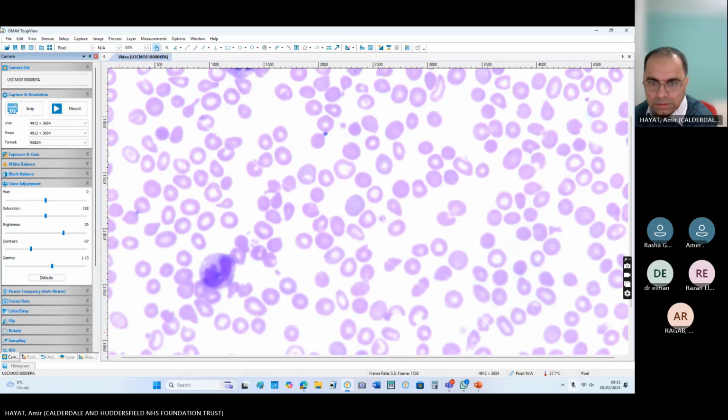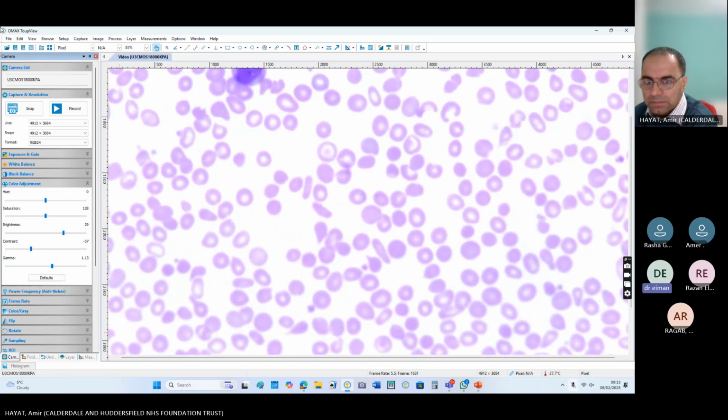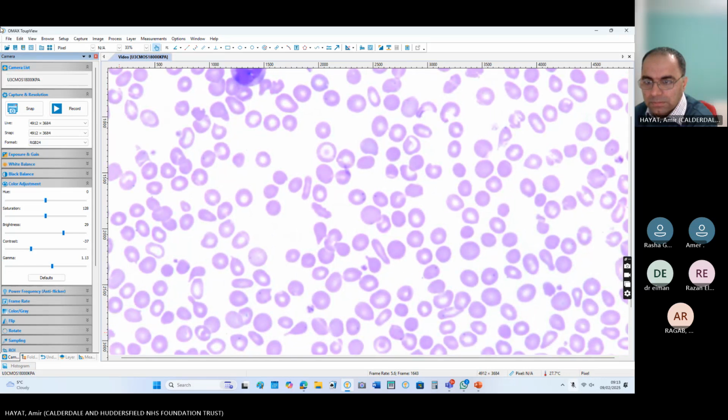Yes, go on. The peripheral blood film shows anisopoikilocytosis with polychromasia, schizocytes, Howell-Jolly bodies, and some target cells.